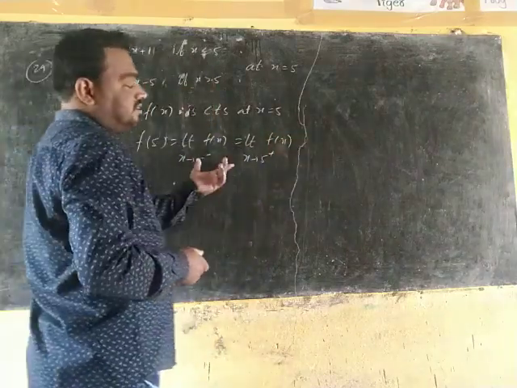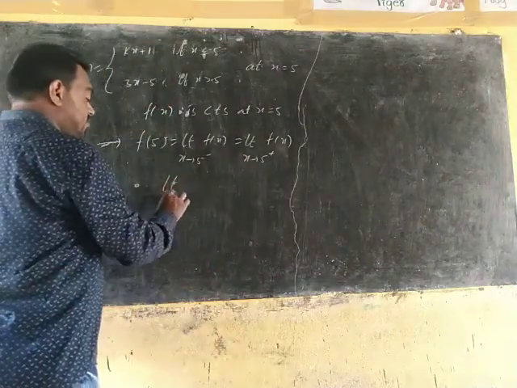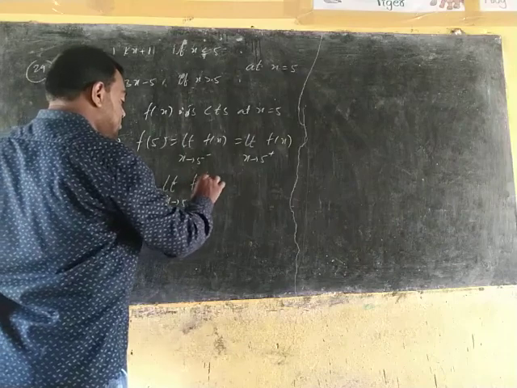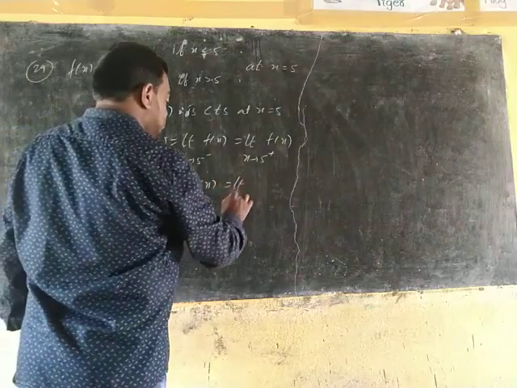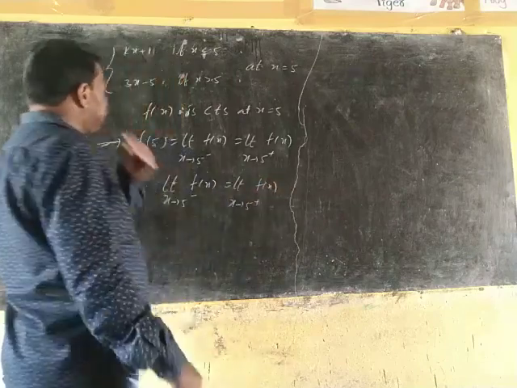Now I am taking LHS, left hand limit and right hand limit are equal. So limit x tends to 5 minus of f of x equals limit x tends to 5 plus of f of x.